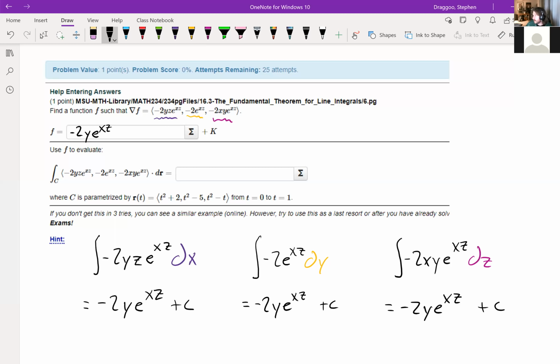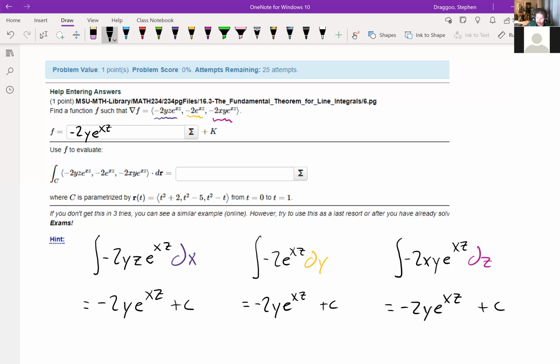That's all I got. Not too bad. But if there were some other term that showed up in here, and maybe we'll look at another example in a minute, so I don't want to talk too much about it here. If there were a term in that x integral that only depended on x, I could add that in.